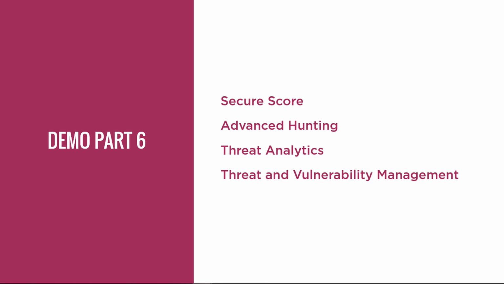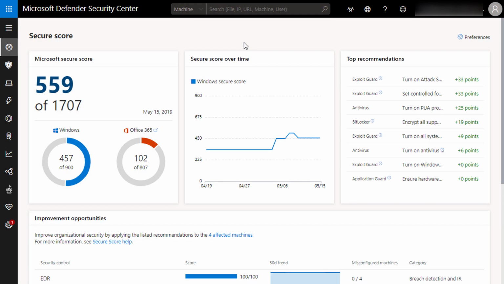In part 6 of this demo, we are going to explore more features in Microsoft Defender ATP that helps you harden your environment by following security and configuration recommendations from Microsoft. We are going to explore Secure Score, Advanced Hunting, Threat Analytics, and Threat and Vulnerability Management in the Microsoft Defender ATP. I'm logged on to Microsoft Defender ATP Management Portal and I will go to the Secure Score section.